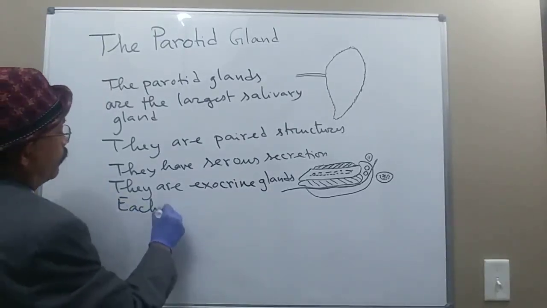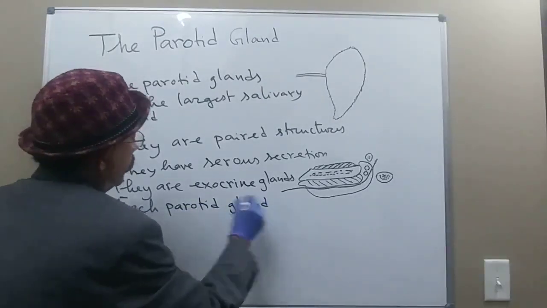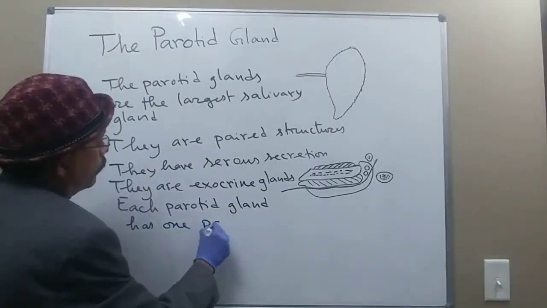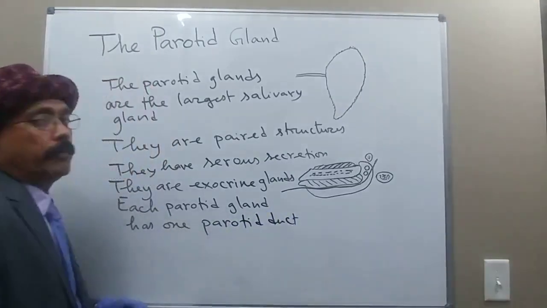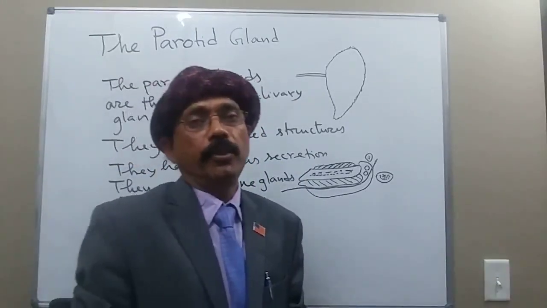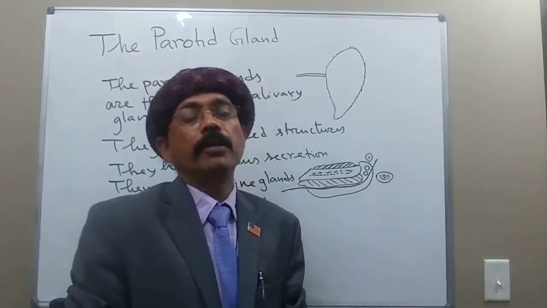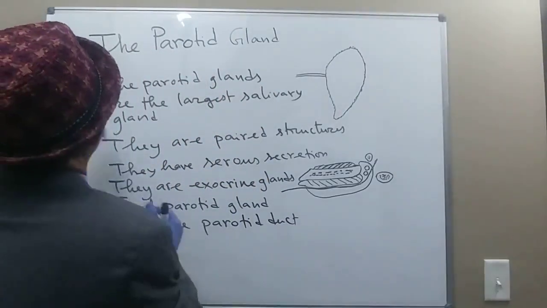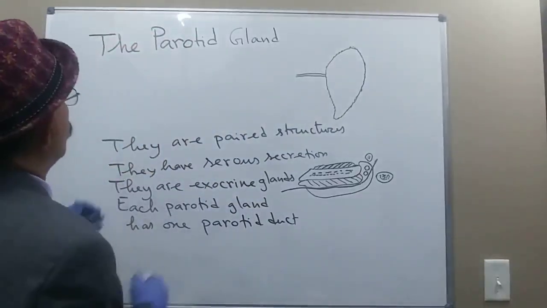Each parotid gland has one parotid duct, and the parotid gland is covered by a capsule. That capsule is derived from the investing layer of the deep cervical fascia. So the parotid gland has a capsule.